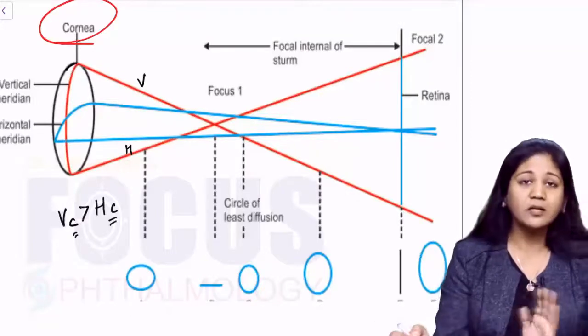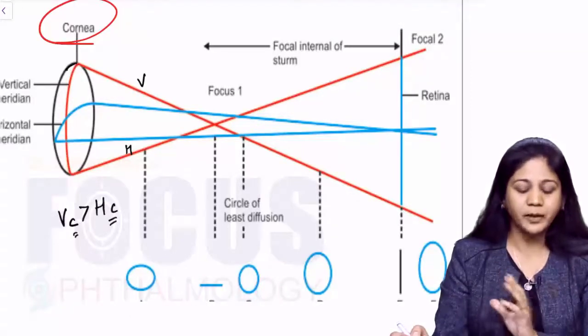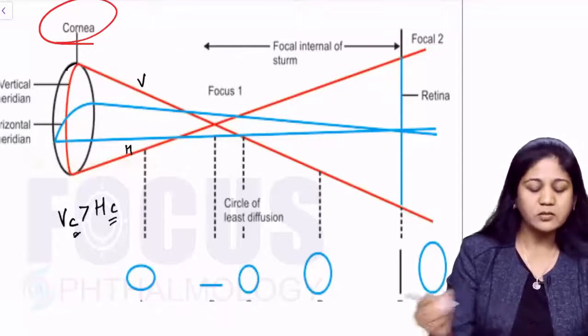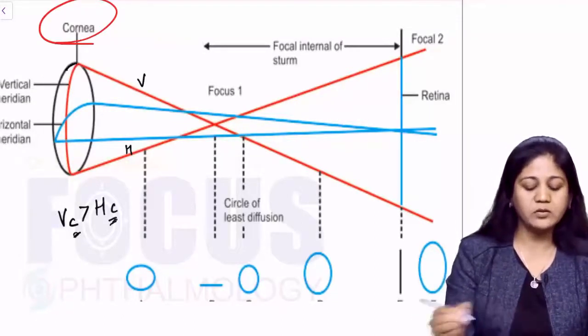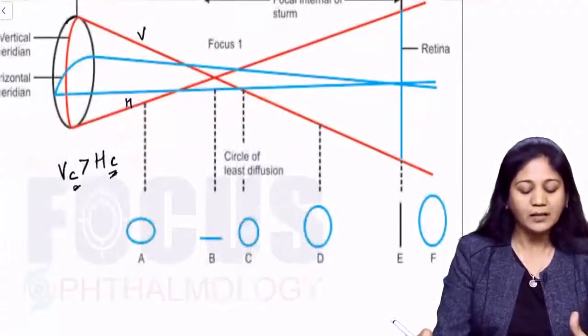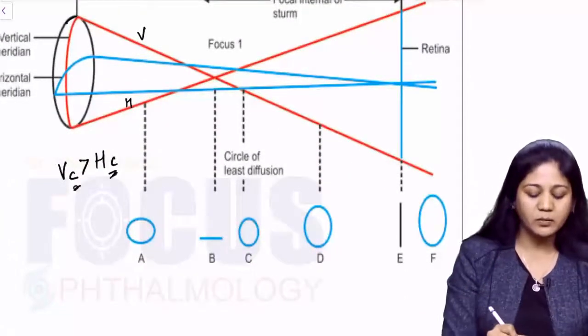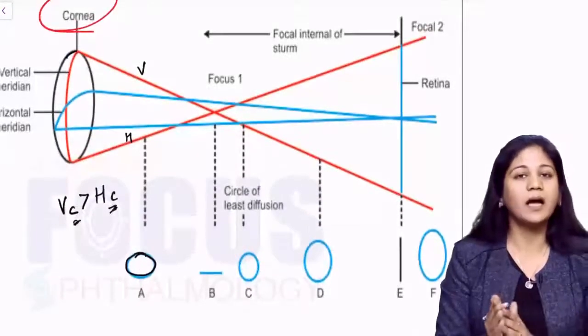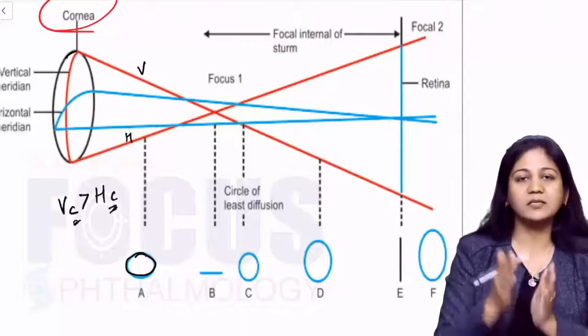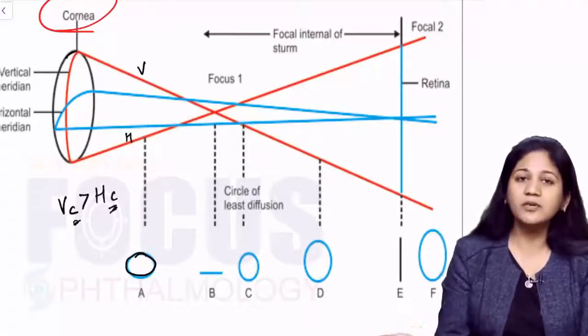The C here is not curvature, it is convergence. That is why the resulting image will be a horizontal oval. This is what is happening to the light rays at point A after refraction.